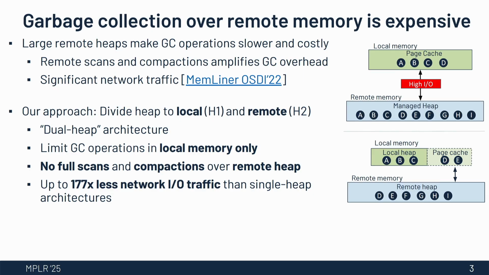So our approach is to divide the heap into two subcomponents. We have a local heap in local memory and a second, larger heap over remote memory. This dual heap architecture lets us cope with large GC costs by limiting GC operations only to local memory, so no full scans and compactions over remote memory.